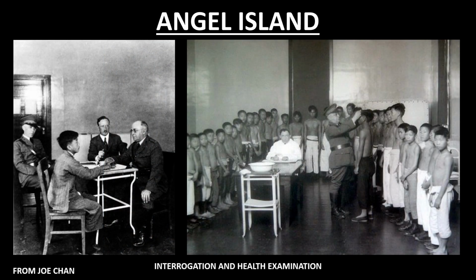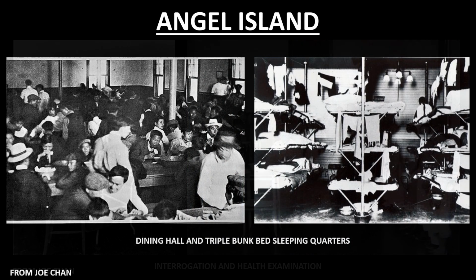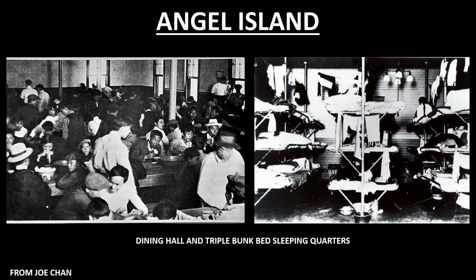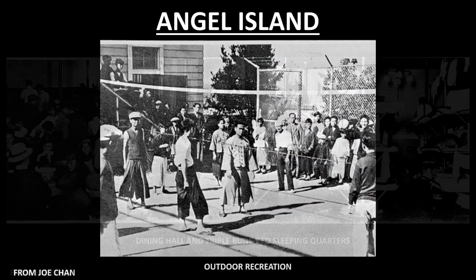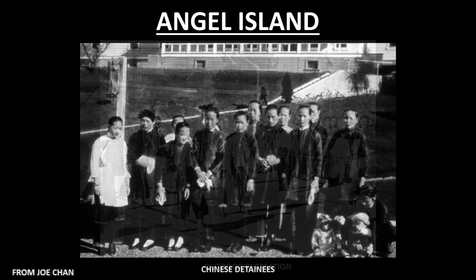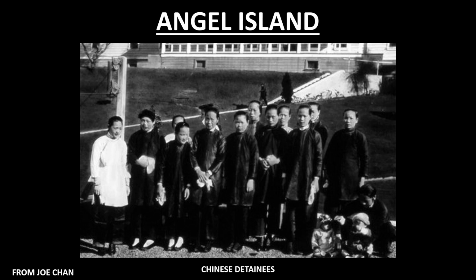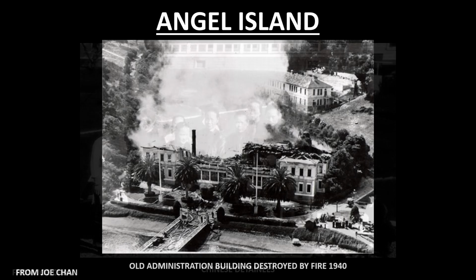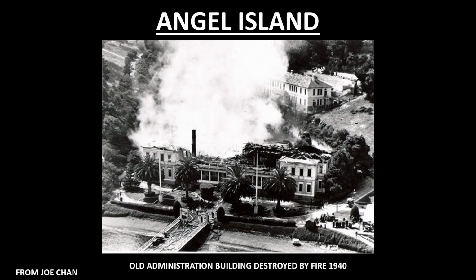Immigrants undergoing interrogation, general health examination, and evaluation for communicable diseases. Dining room and triple bunk bed sleeping quarters. Outdoor recreation. Angel Island detainees. Old administration building, engulfed in flames.